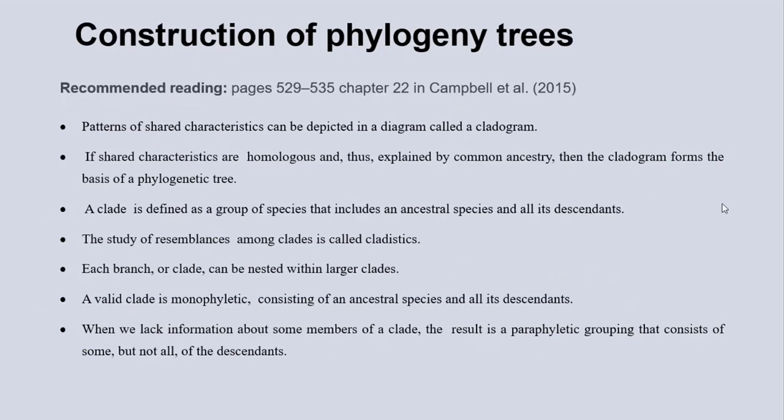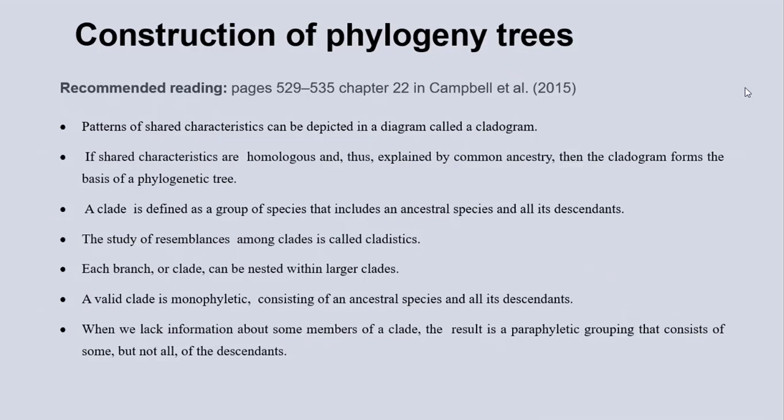So, in the construction of phylogenetic trees, patterns of shared characteristics can be depicted in a diagram called a cladogram.